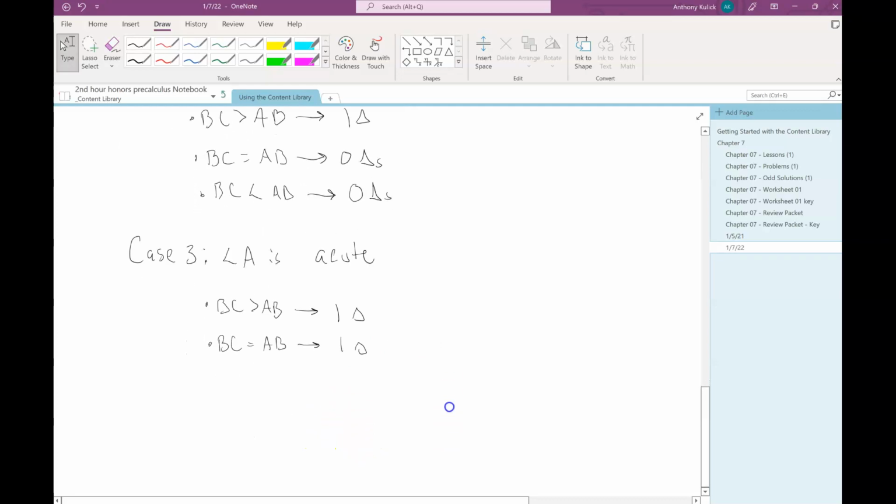Just one triangle is possible. But if BC is the shorter side, then all heck breaks loose. And it's unclear immediately from just looking at your information whether you're going to have 0, 1, or 2 triangles possible.